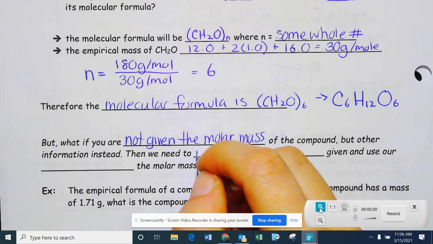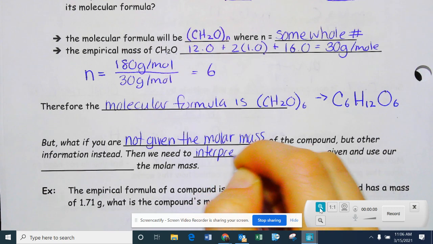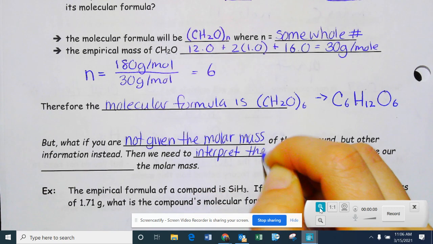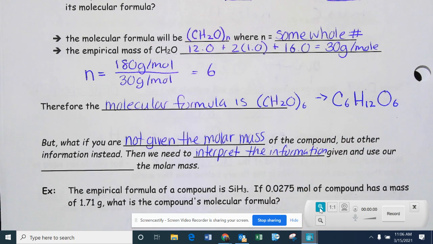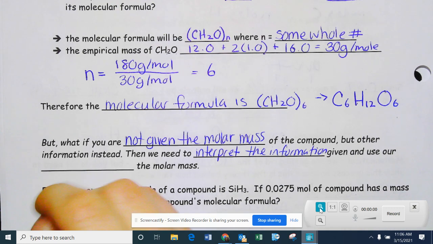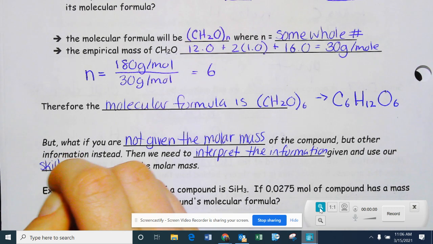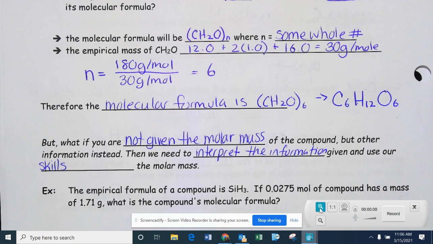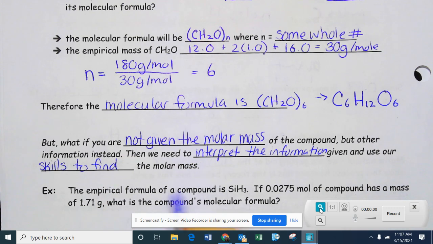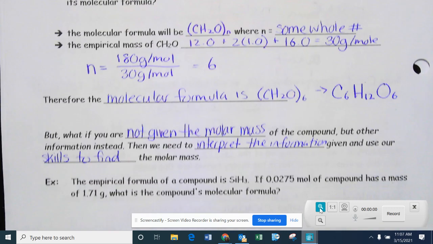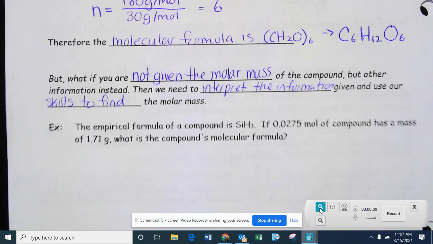You need to interpret that information and use the skills that we've already developed, like what we just did with the chalk, to find the molar mass. So you might not be given molar mass. You might need to get there from other information. And then you are going to have all the info you need.